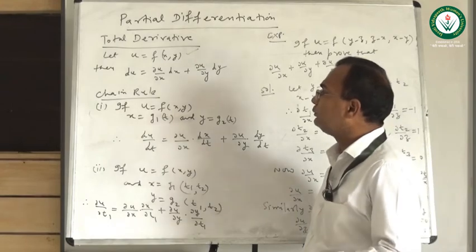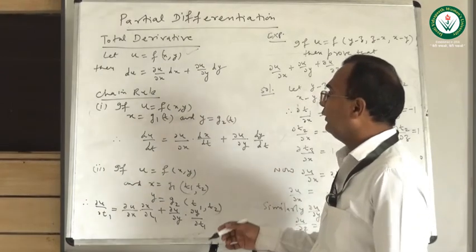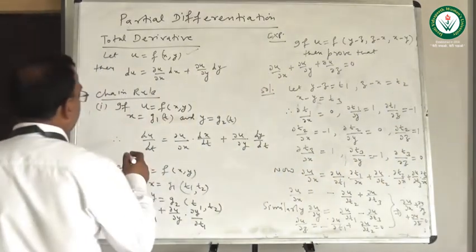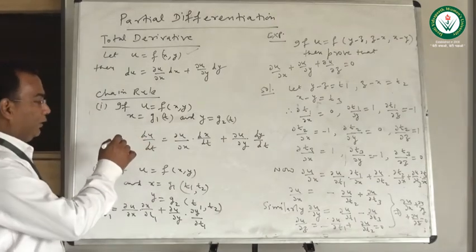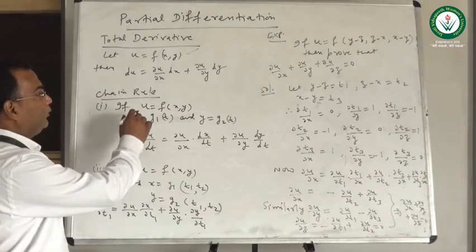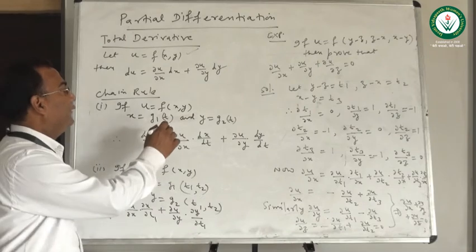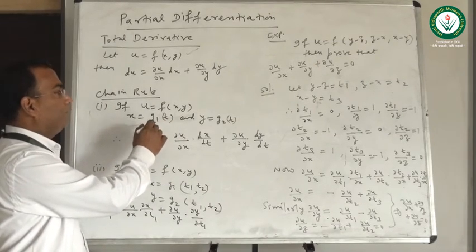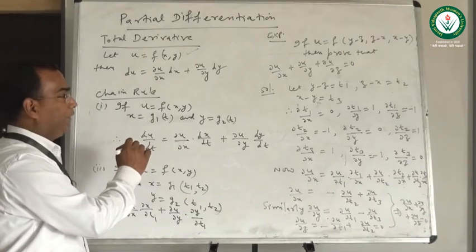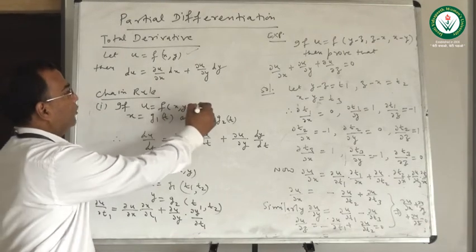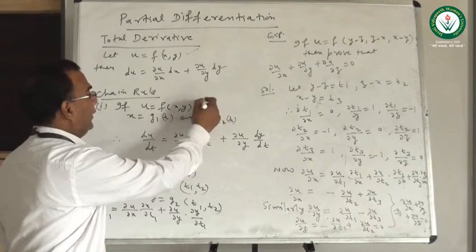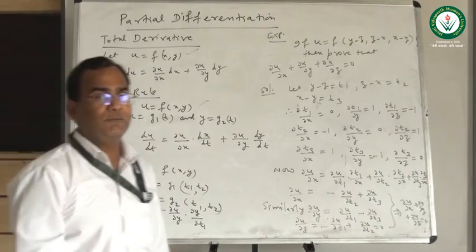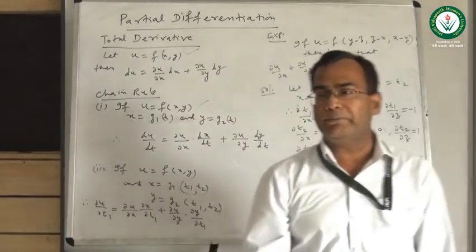Now the chain rule. Suppose first we take the case where u is a function of two variables x and y, and x and y are the functions of a single variable t.